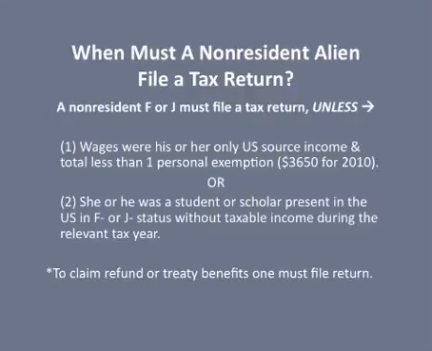In other words, you do not need to file a tax return if wages were your only U.S. source income earned in 2010 and the amount you earned in wages was less than the amount of one personal exemption. Alternatively, if you were a student or scholar in the U.S. in F and J status and you did not receive any taxable income during the relevant tax year, you are not required to file a U.S. federal income tax return.